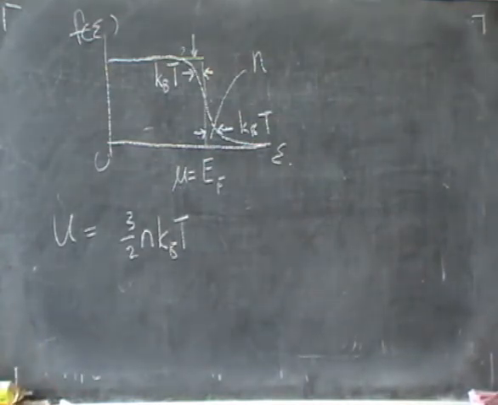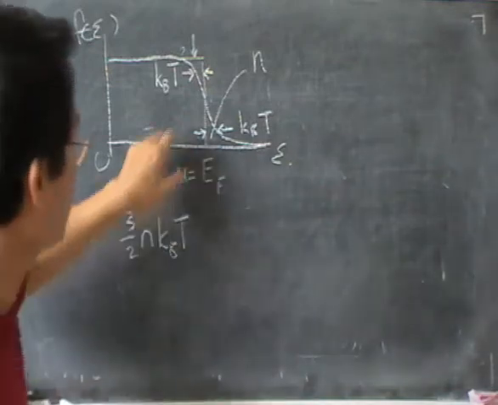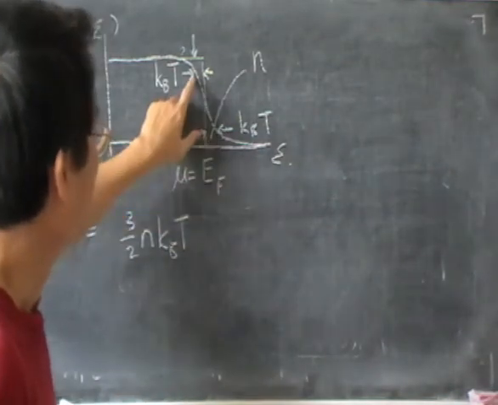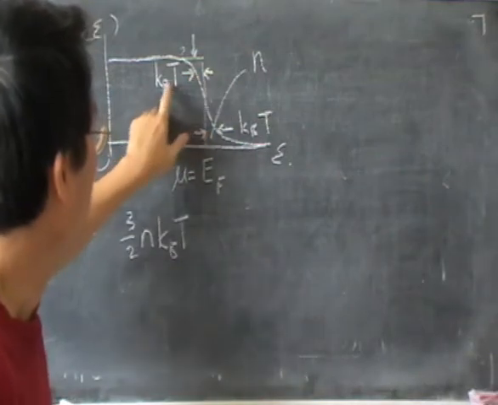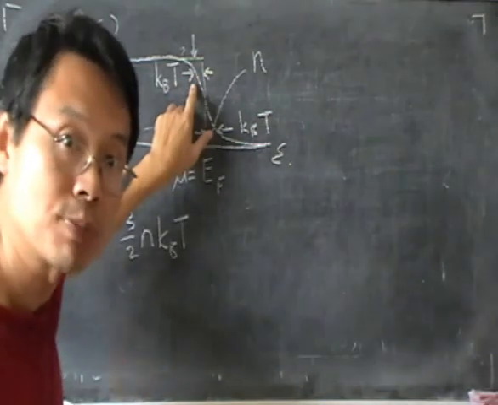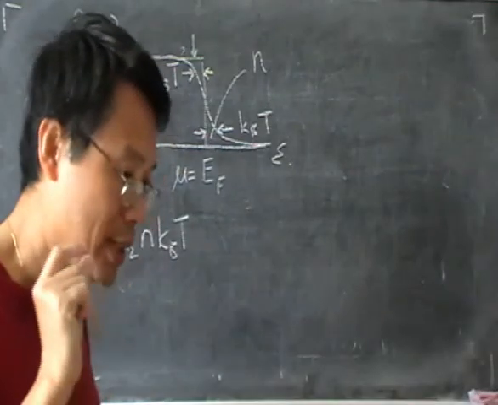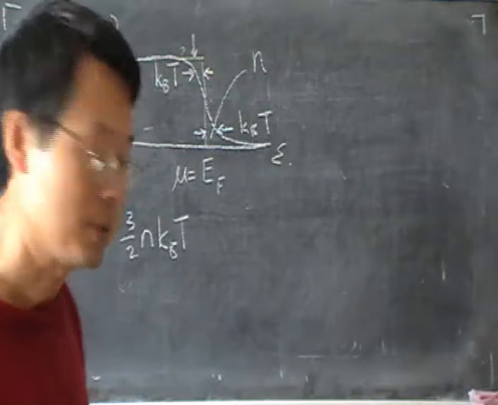So to find this number, we make use of our knowledge that the excited electrons mainly come from this small interval of kBT just below the Fermi energy. Now we can estimate this number quite easily.